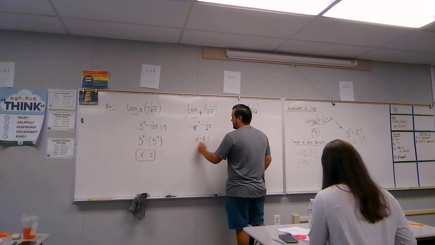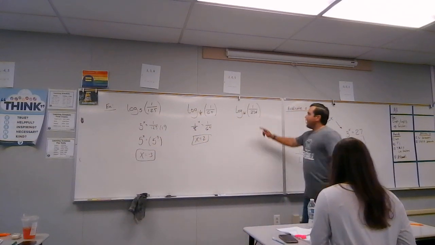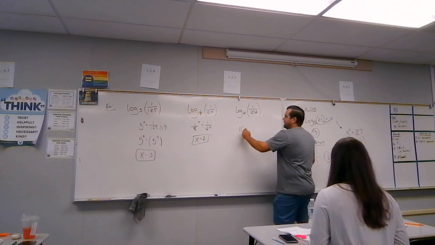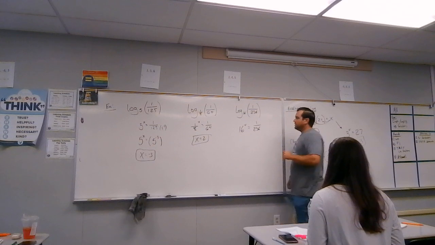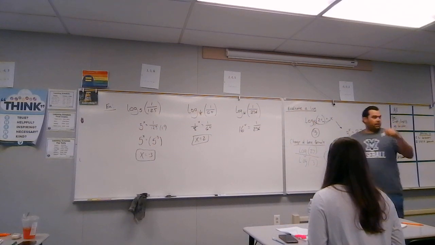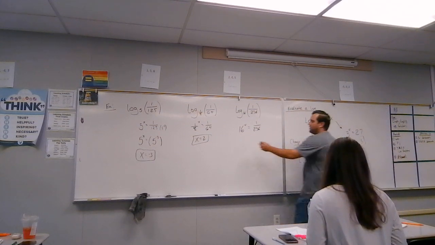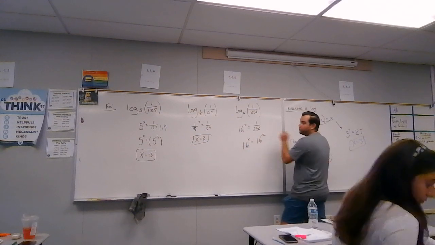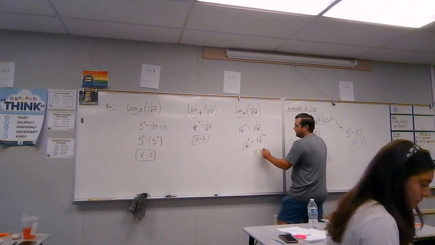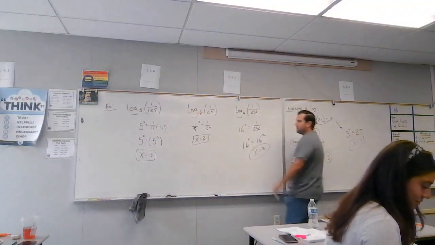And there you go, x is equal to 2. This one, 16 to what power is 1/256? Go ahead. Negative 2. Yep, because this one would be 16 to the x power, and this would be 16 to the negative 2 power. And so you get negative 2.